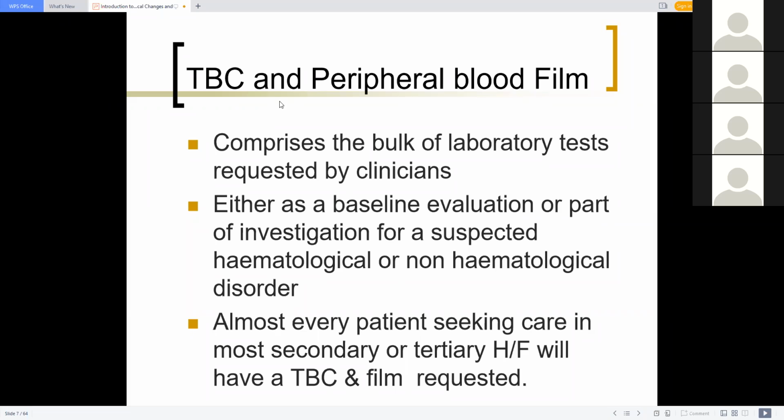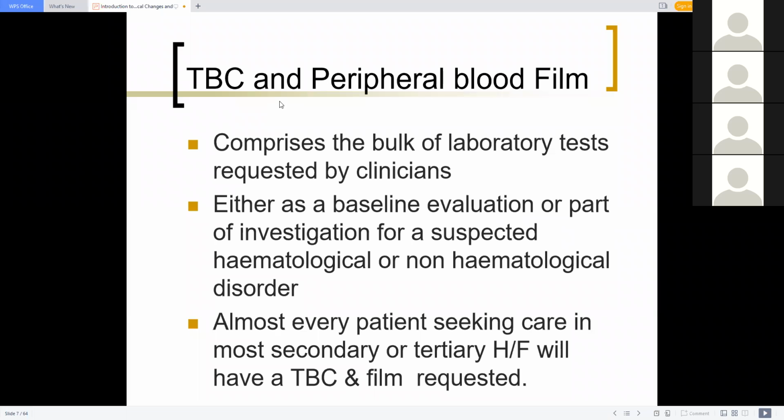So these tests are usually baseline evaluation of a patient who may be having another disease, or it may be done even as part of diagnosis of a suspected hematological condition, and the doctor is looking for information to be able to make a diagnosis, allude to a diagnosis.